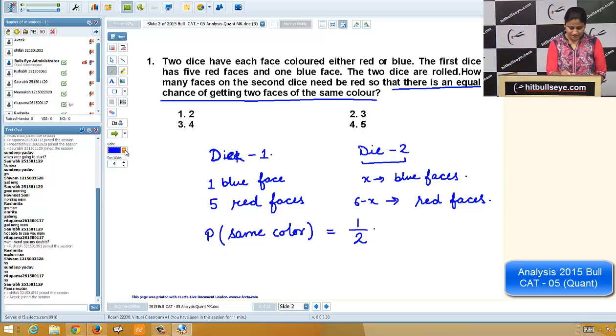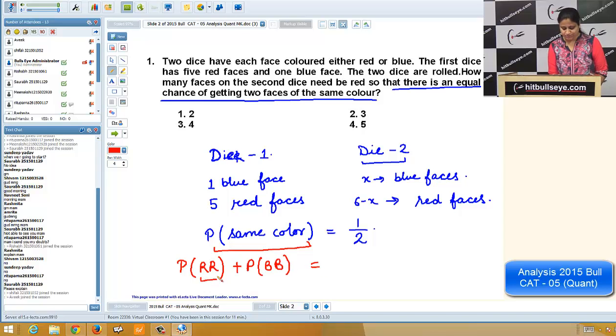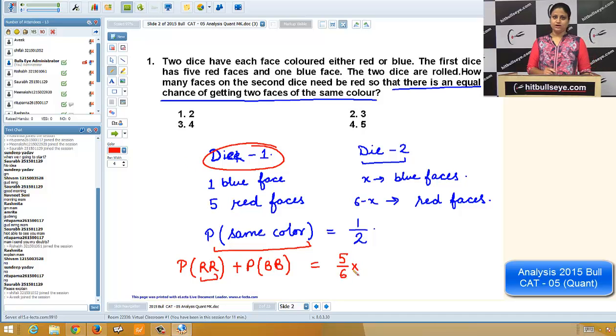So now by applying this formula, probability of same color, how can it be done? Either they both will be red or they both will be blue. What is the probability of getting red on both faces? First of all, I am taking dice 1. What is the probability of getting a red face on dice 1? It will be 5 by 6 into, what is the probability of getting a red color on dice 2?